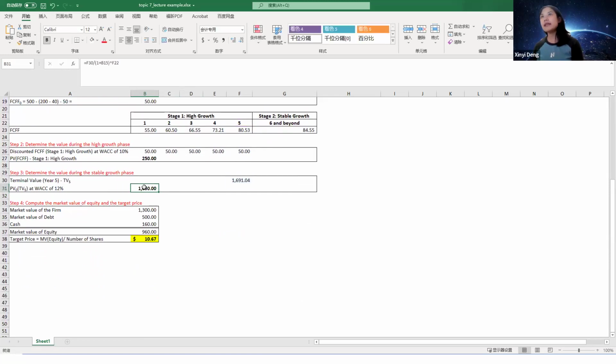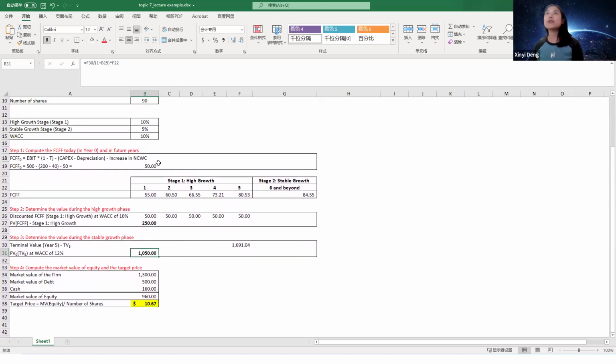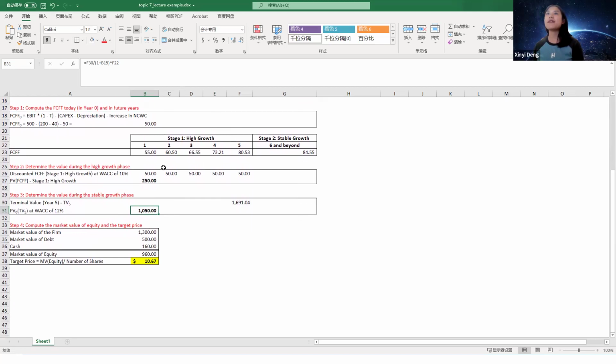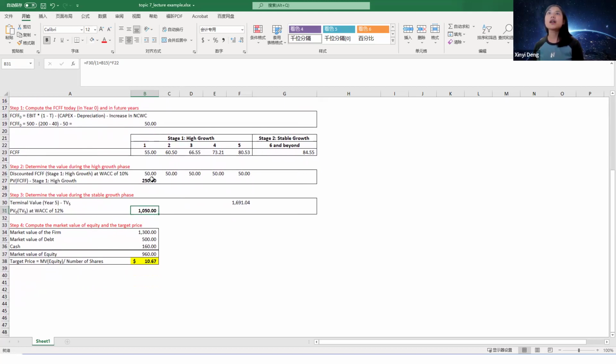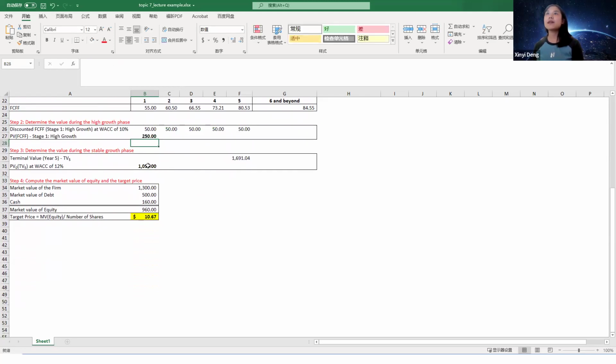So for this two-stage model, we only need to sum the present value of the first stage, which is 250, and the present value of the second stage, which is 1050.